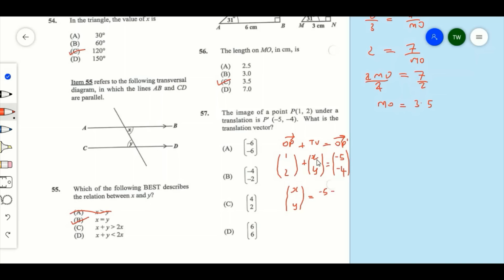So we just subtract corresponding elements. It's going to be -5 minus 1, and then -4 minus 2.